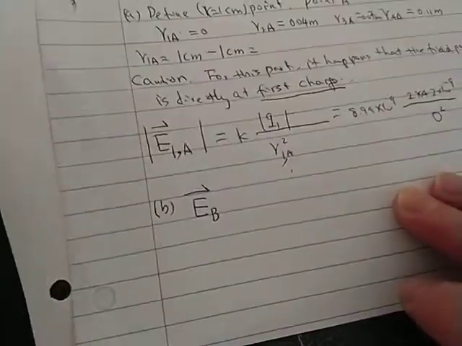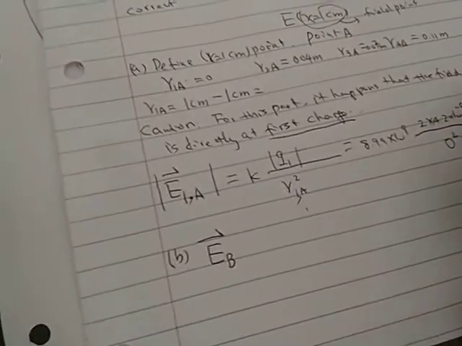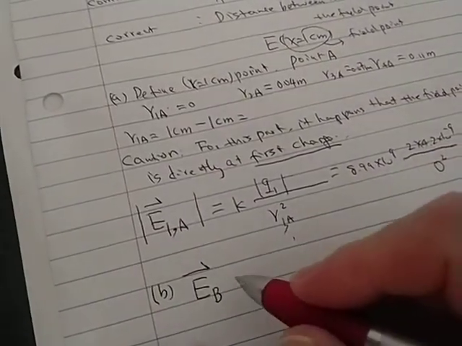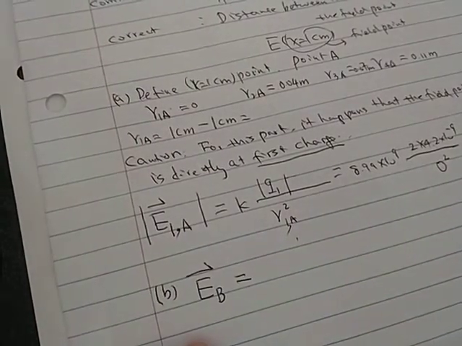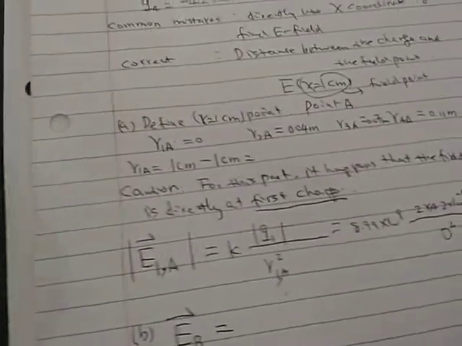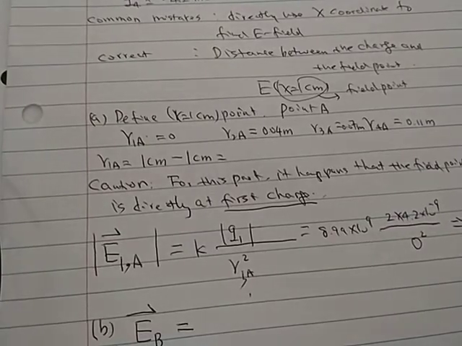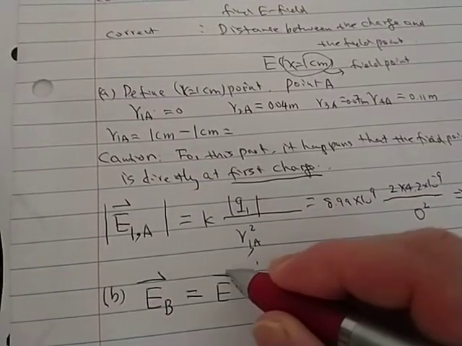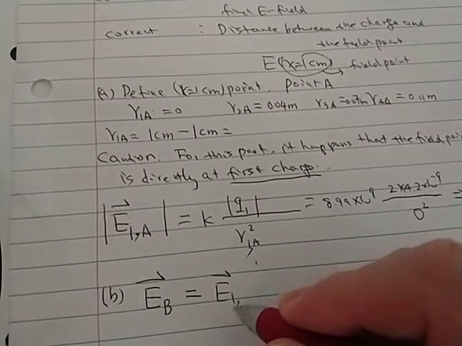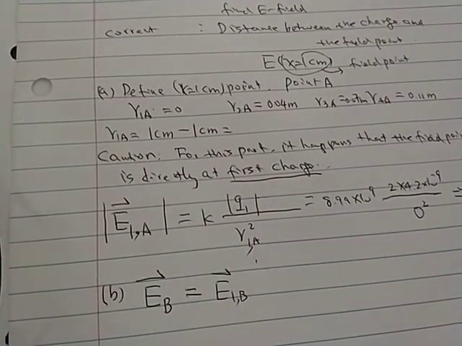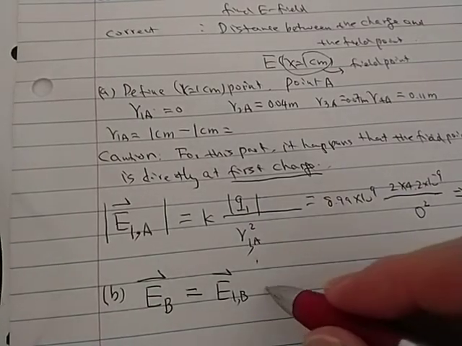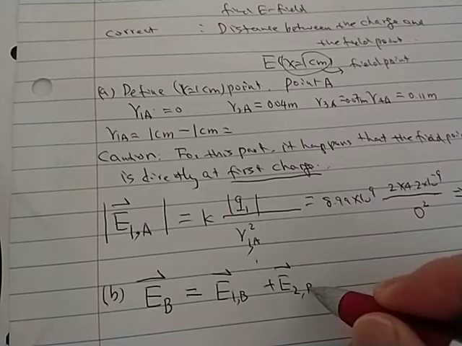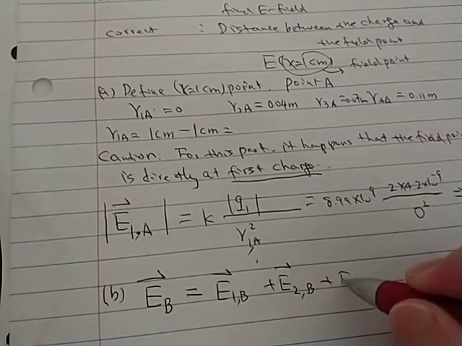If you have many charges, you have many more contributions to consider. And this is most rigorously written in the following way. If you write them down, you will find that point B has a contribution from charge number 1, so we just write down 1B. Charge number 2, 2 comma B. Charge number 3.